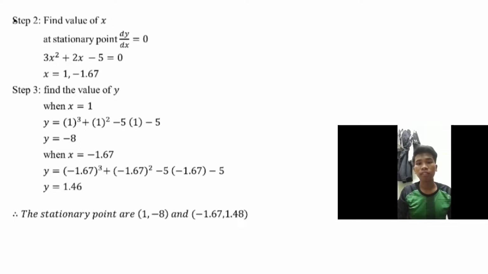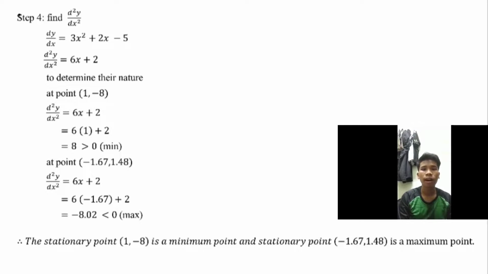Next, the stationary points are 1, negative 8 and negative 1.67, 1.48, and we will go to step 4 to find d squared y over dx squared. We differentiate dy over dx equal to 3x squared plus 2x minus 5, and the result is 6x plus 2.